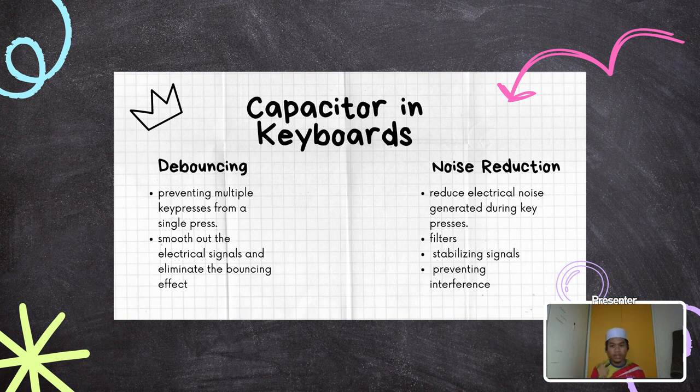By doing so, they prevent this disturbance from propagating through the keyboard circuitry and causing interference. To summarize, capacitors in keyboards are crucial components that serve two main purposes: debouncing and noise reduction. They smooth out electrical signals, preventing multiple key presses, and filter out noise to ensure optimal keyboard performance.